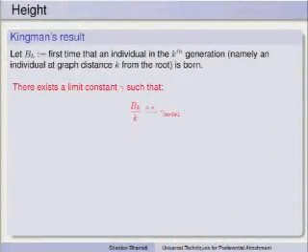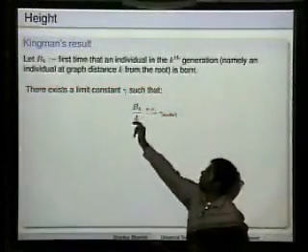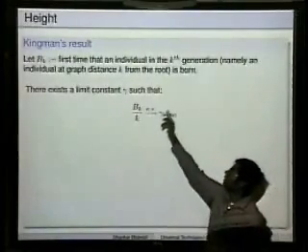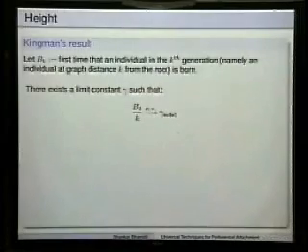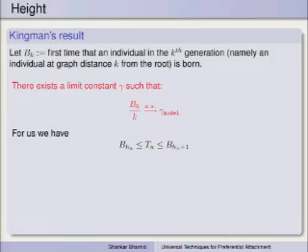What he proved is that it basically scales linearly in time. The amount of time I have to wait for such an individual to be born divided by k converges almost surely to some particular constant which depends on the model. It's difficult to get an exact formula for this, but there is an explicit description of what this constant should be depending on the model.